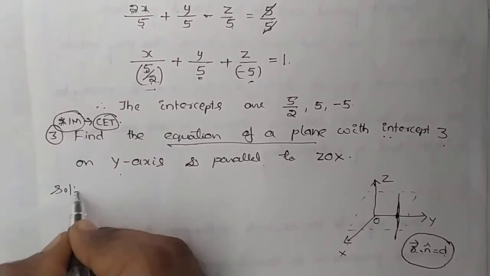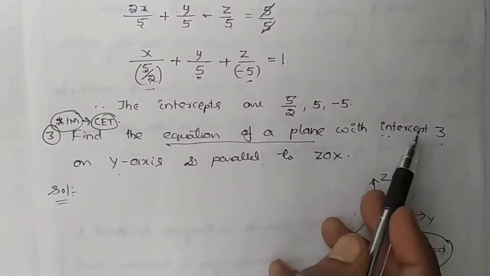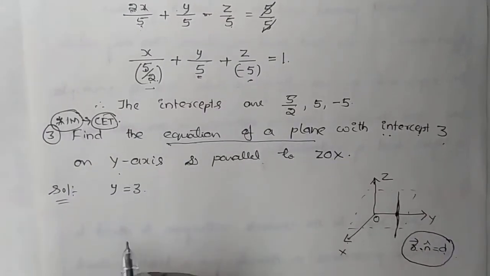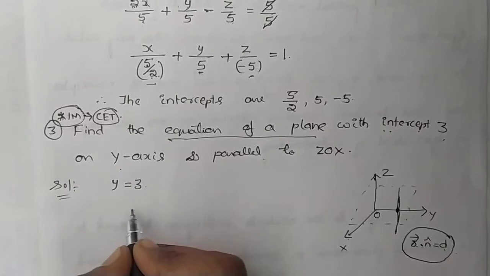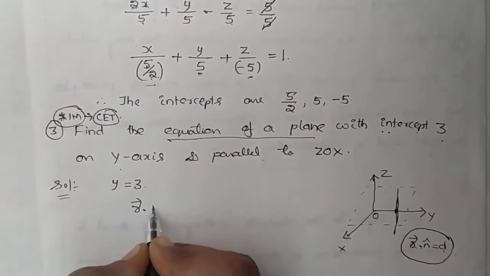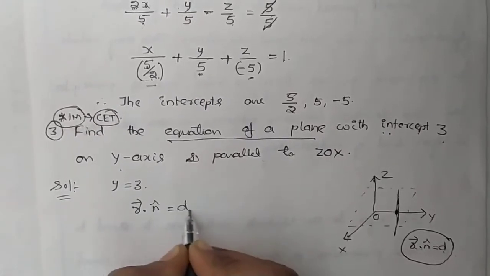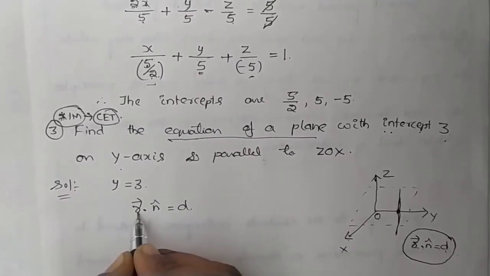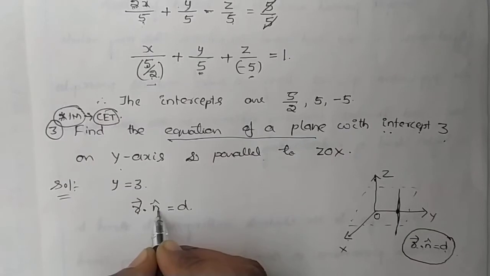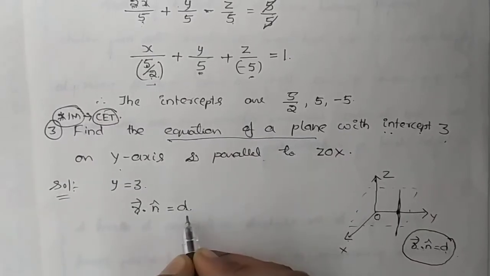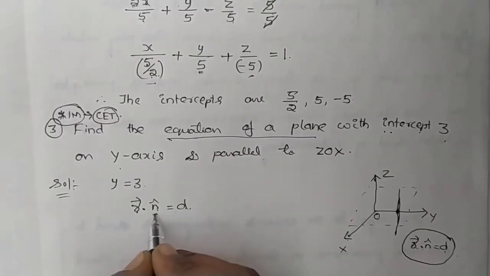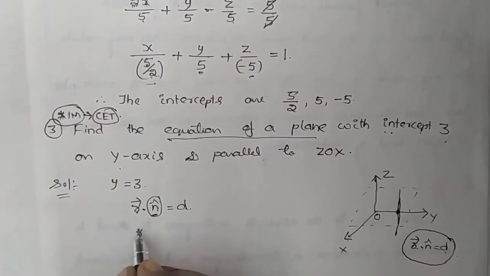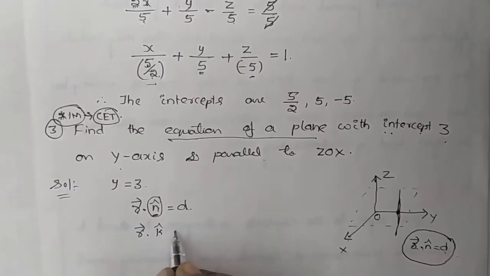Solution. Here, given that the intercept 3 on the y-axis is nothing but y equals 3. We know that r dot n cap equals d. The r vector is a position vector, n cap is a unit vector, d is a distance. In this problem, let us take this unit vector as k cap.